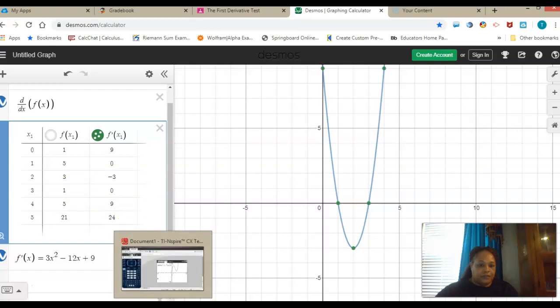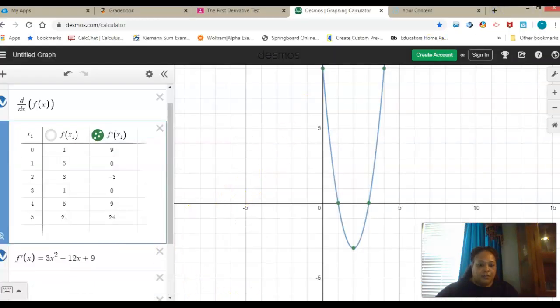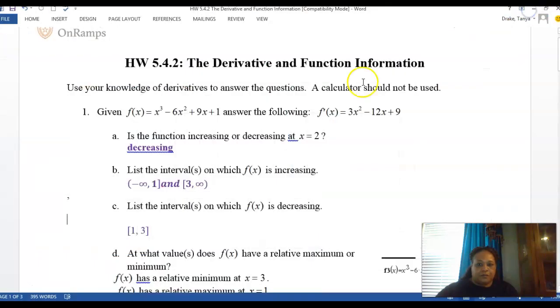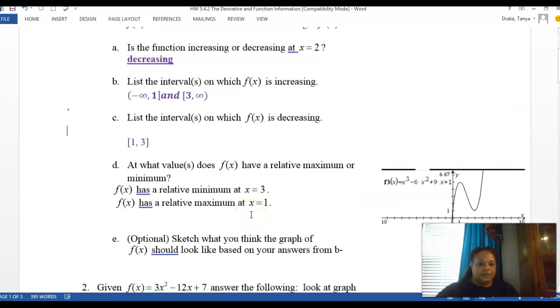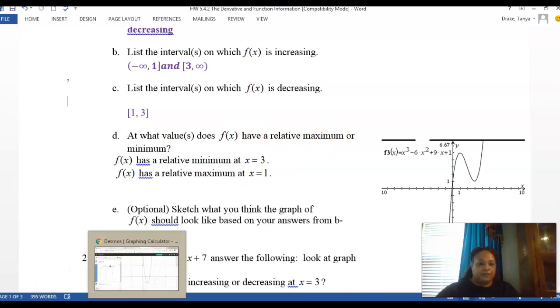Now if I go back to this list here, it asks at what values does the function have a relative max and a relative min?